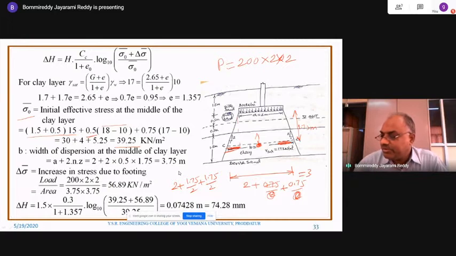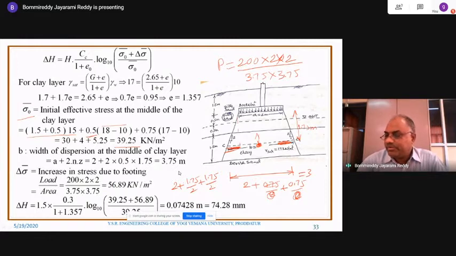And what is the total load? Total load from the footing is 200 into 2 by 2. The stress at the clay layer is that divided by 3.75 by 3.75. Delta sigma, the increase in stress due to the footing, is 200 into 2 into 2 by 3.75 by 3.75, which gives 56.9.